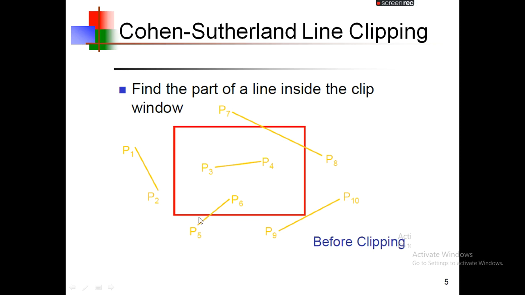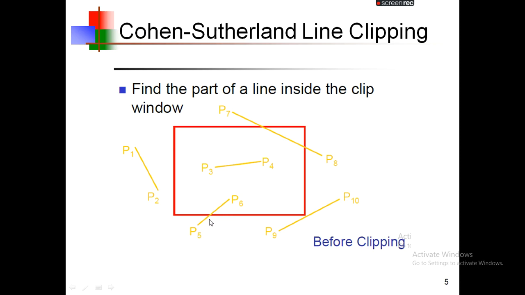The intersection point is the intersection between the boundary edge of the clipping window and our line segment. So we will get one intersection point on P5 to P6.